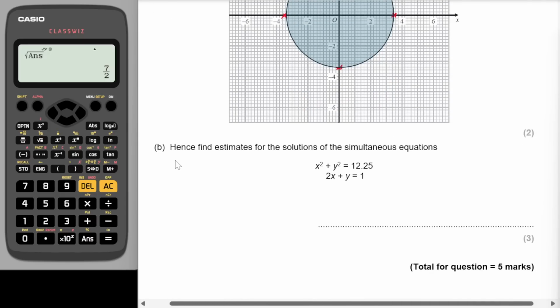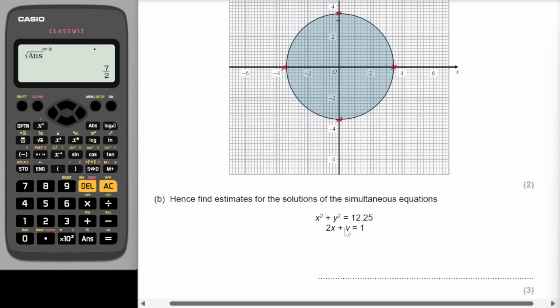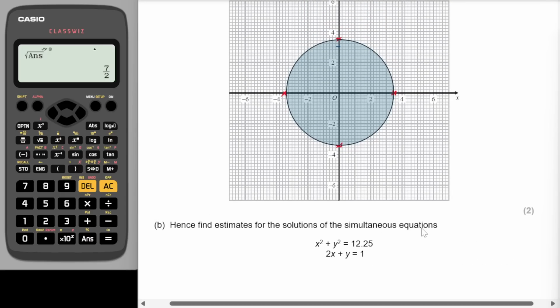Right, part B, hence find an estimate for the solution of, and then we're given our equation. So we need to plot this line, 2x plus y is equal to 1. I could rearrange that to say y is equal to minus 2x plus 1. But I'm going to take a slightly different approach.